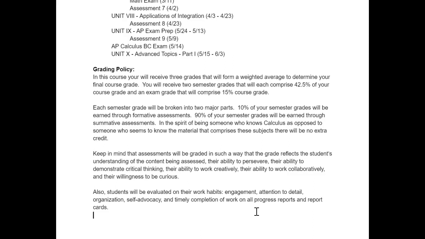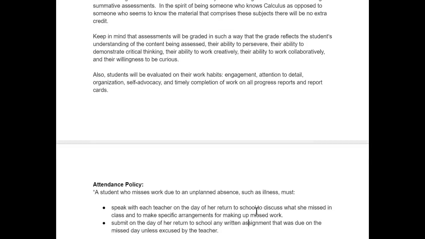You will also be receiving feedback on your report cards for your 21st century skills of critical thinking, perseverance, creativity, collaboration, and curiosity. You'll also be getting feedback on your work habits, your engagement, your attention to detail, your organization, your ability to self-advocate, and making sure that you get all of your work done on time.